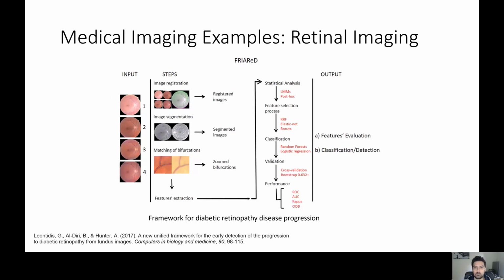I think this example is a very good opportunity to explain the difference between handcrafting features and automating the feature extraction. So what you see here is a pipeline whose purpose is to try to detect different stages of diabetic retinopathy. For those who are not very familiar with it, diabetic retinopathy is a disease that affects the retina of the eye. Usually people with diabetes develop it after several years.